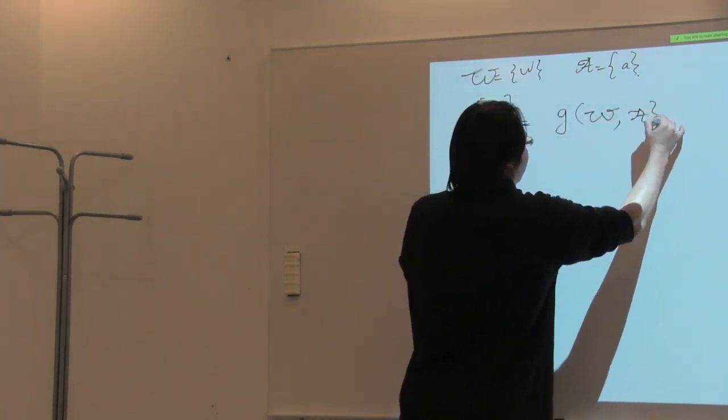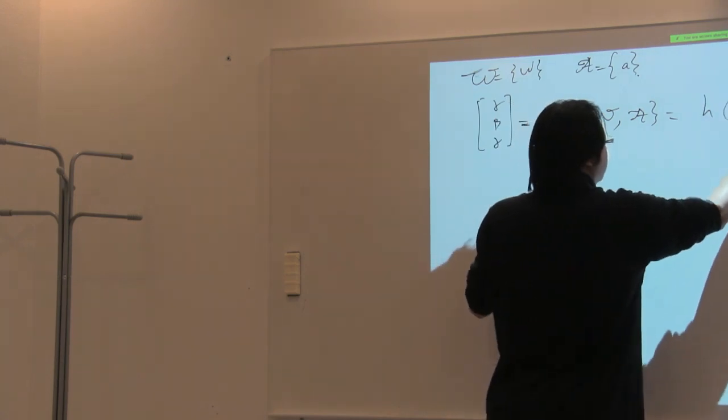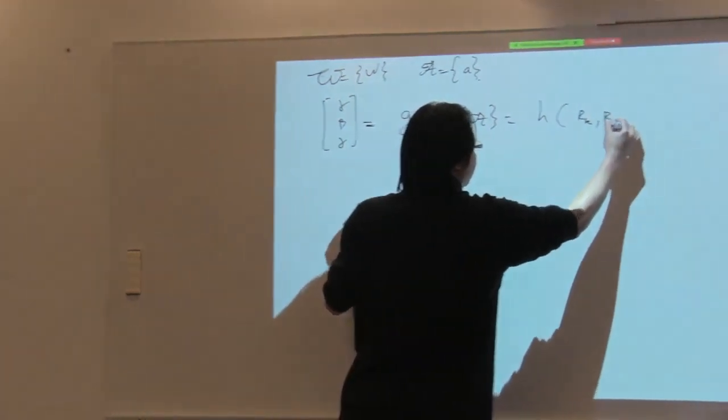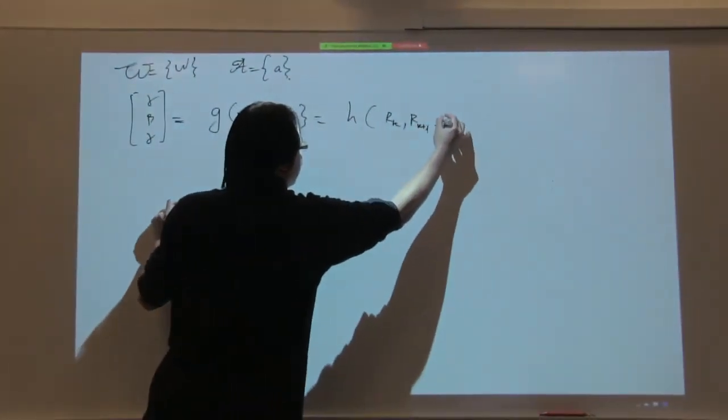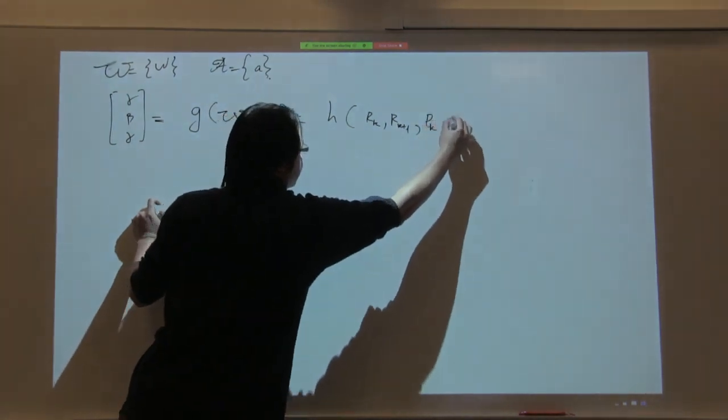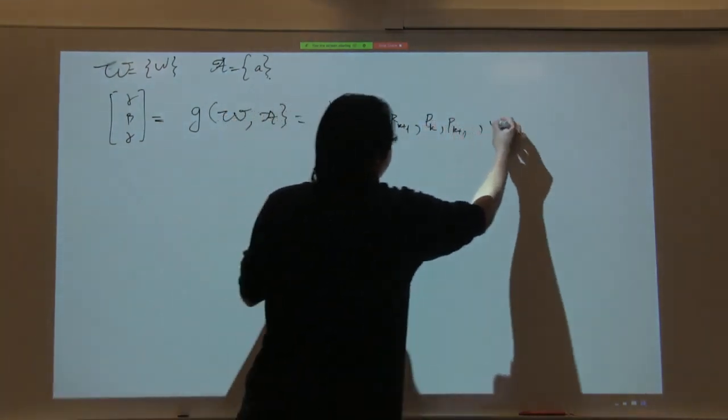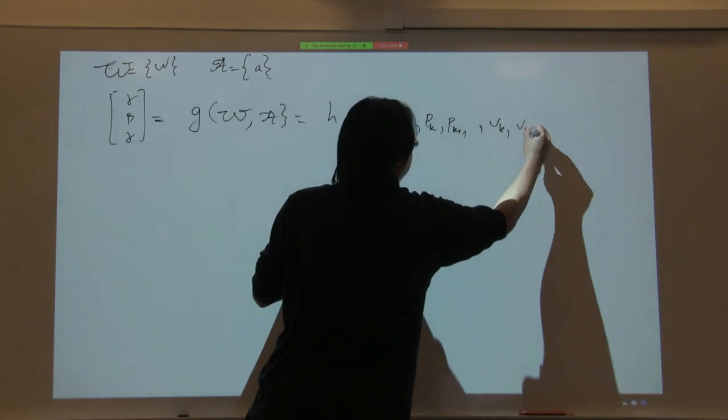And we get a nice model of R_k plus 1, P_k plus 1, B_k plus 1, okay?